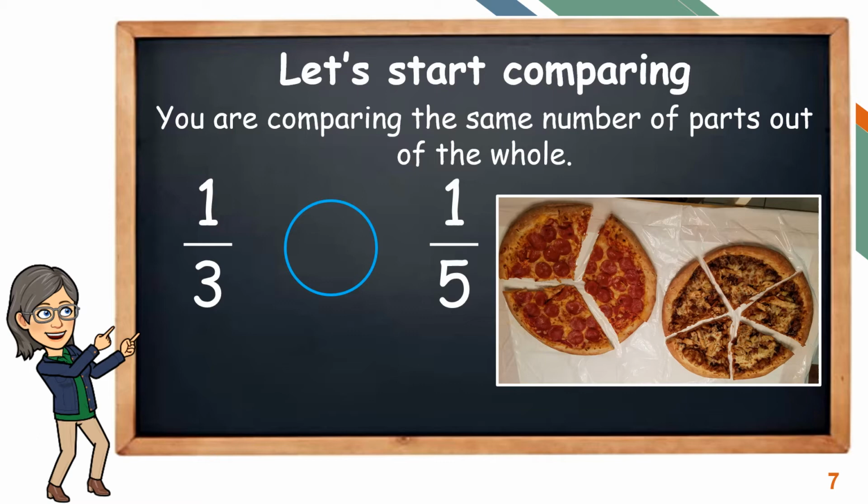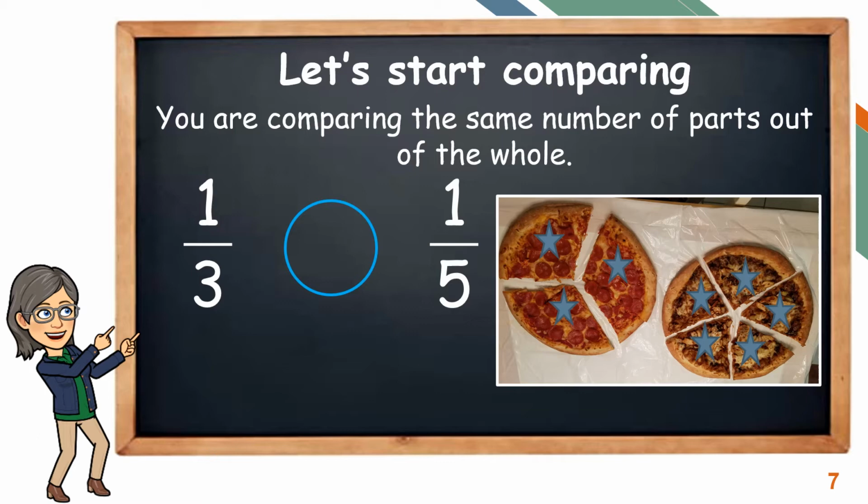The 1/5 represents one slice out of 5 slices of the whole pizza that you see on the right side of my photo. The slices you see represent the denominators of these fractions. Let's count them. 1, 2, 3 total slices on the left, and 1, 2, 3, 4, 5 total slices on the right.